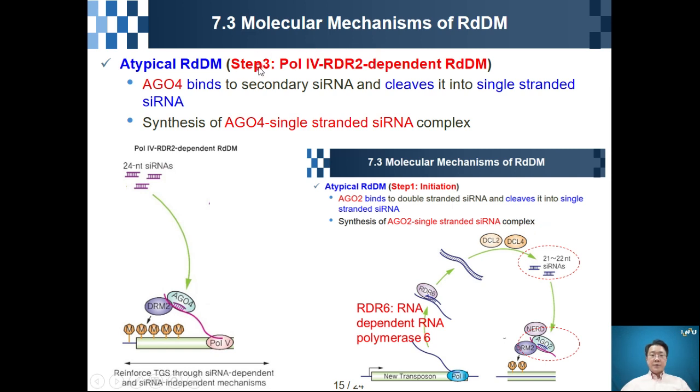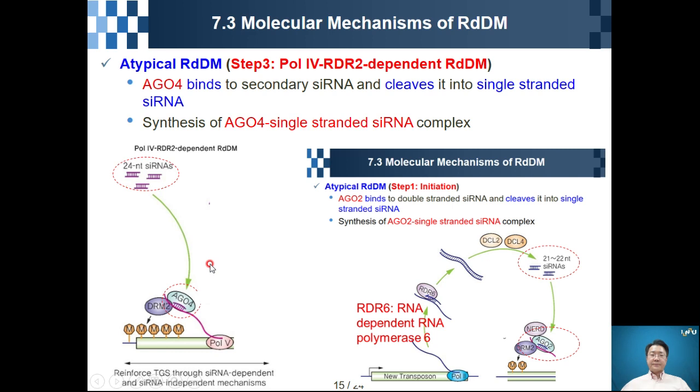But in step 3, AGO4 binds to the secondary siRNA and cleaves it into single-stranded siRNA. After that, the AGO4 single-stranded siRNA complex is formed.